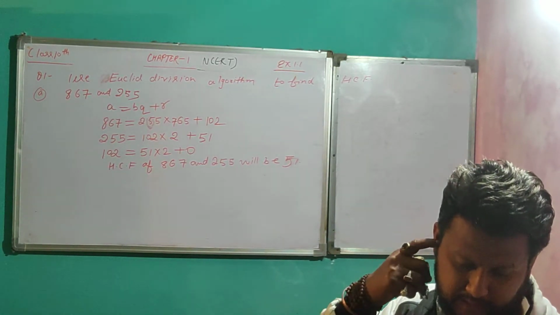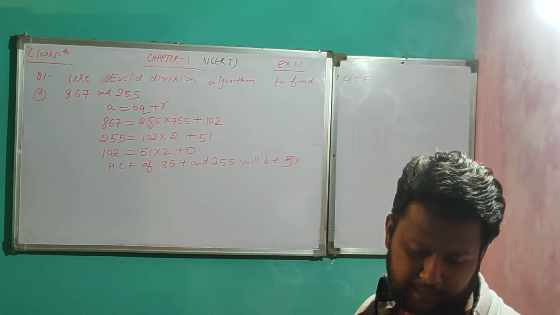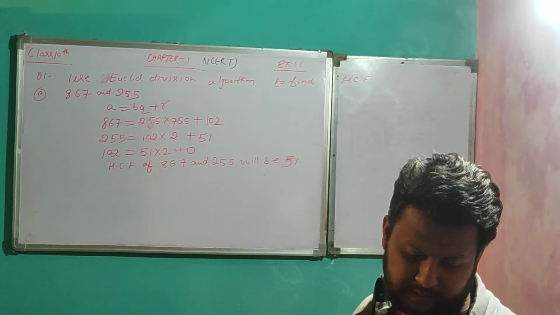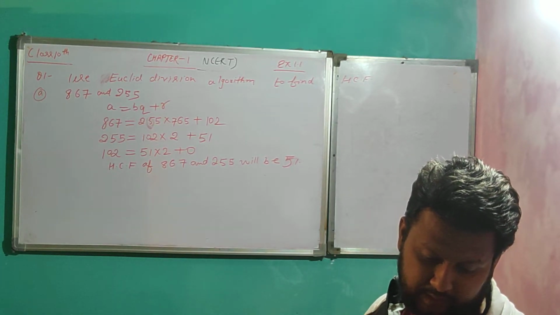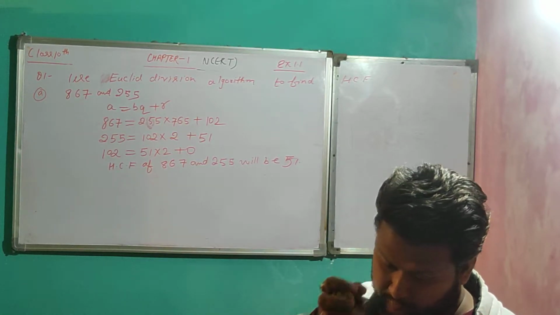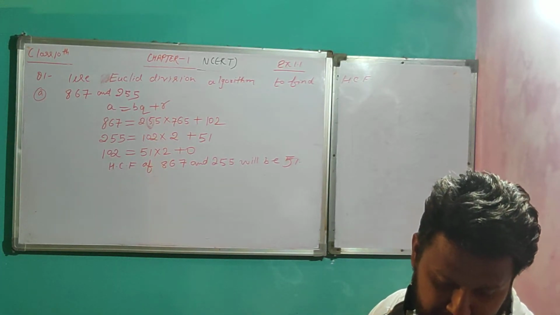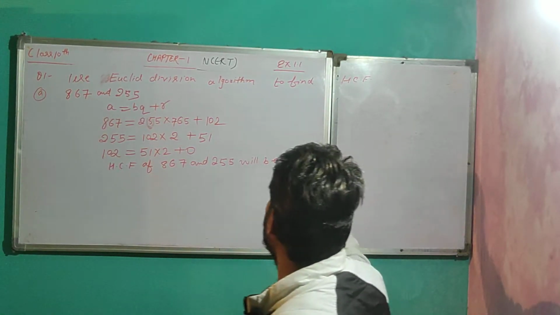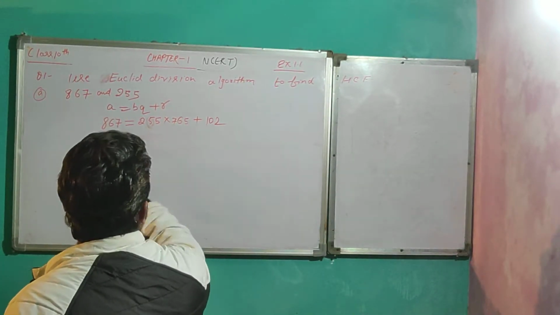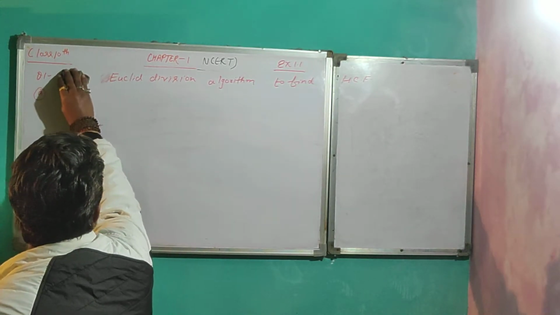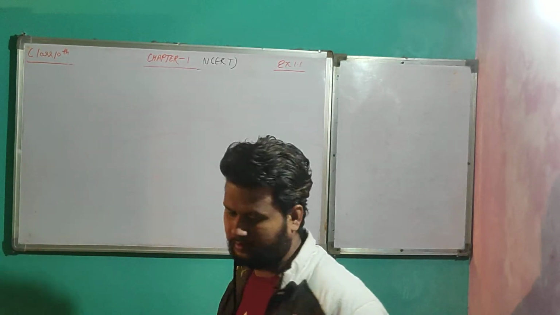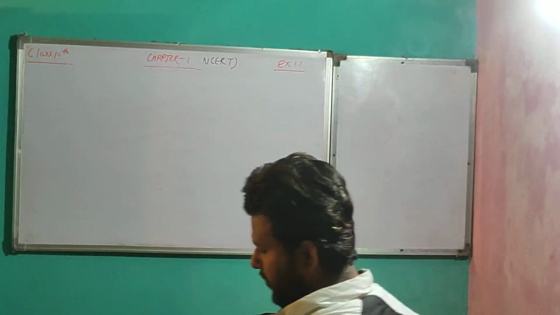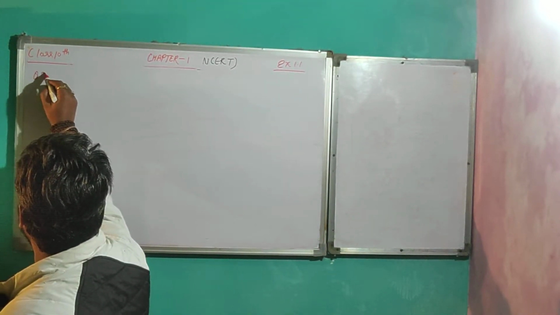Now next question is: show that any positive odd integer is of the form 6q plus 1, or 6q plus 3, or 6q plus 5, where q is any integer. Okay, our next question is question number 2.